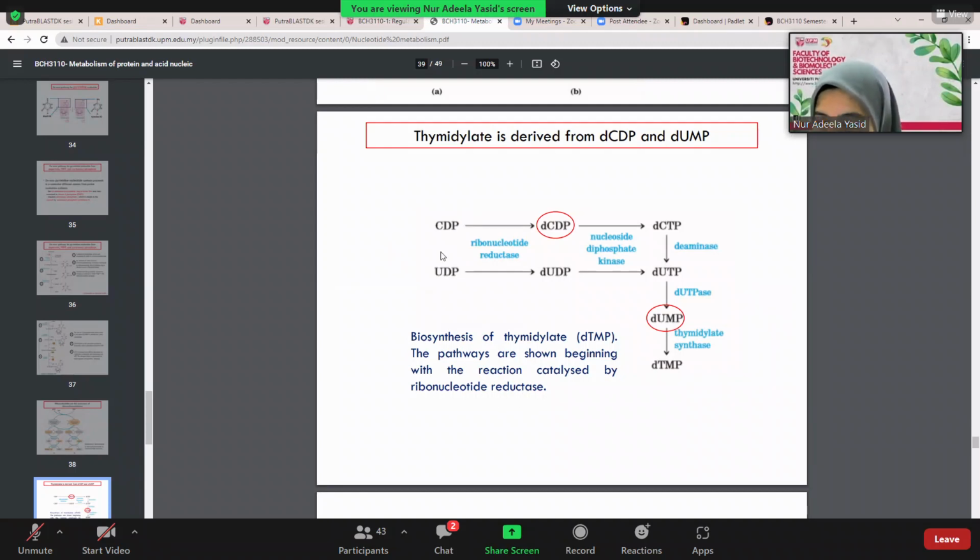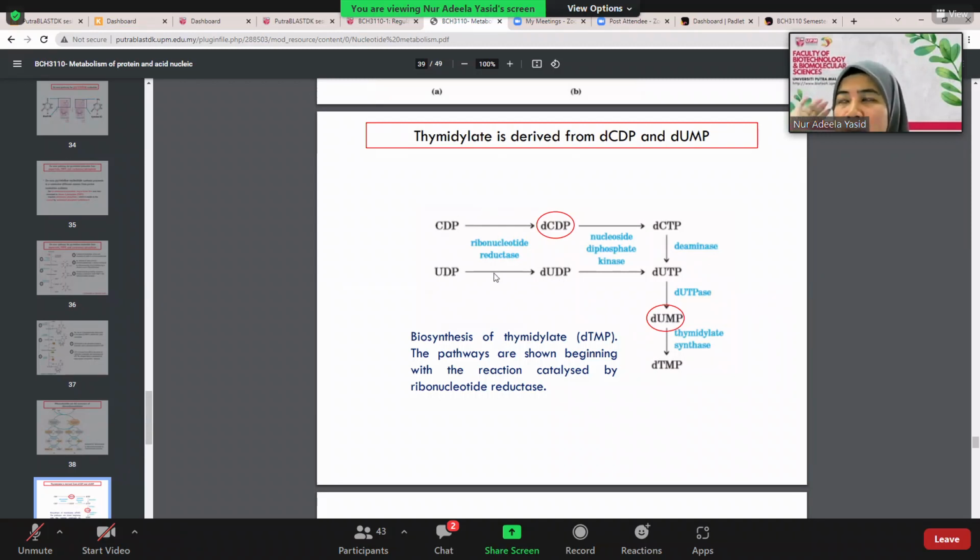From CDP, it is converted to deoxycytidine dCDP, catalyzed by ribonucleotide reductase. The same goes for the conversion of UDP to dUDP.